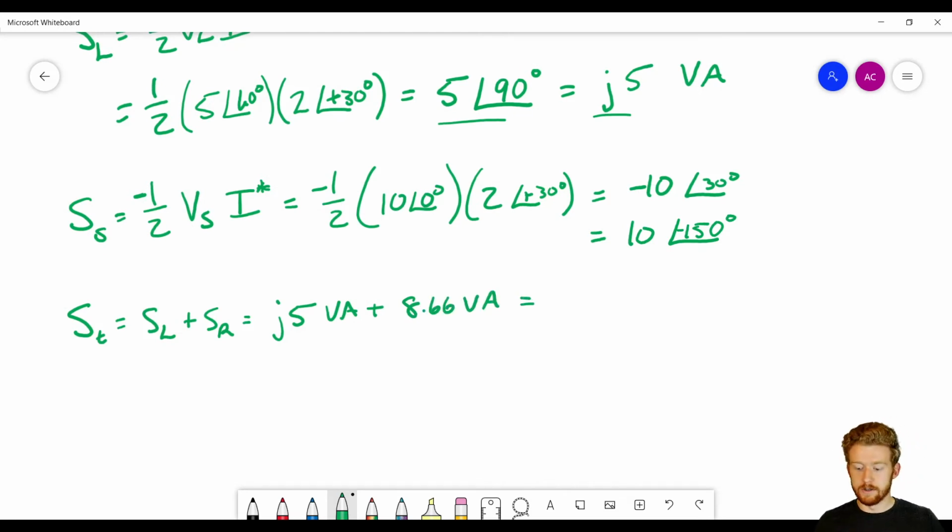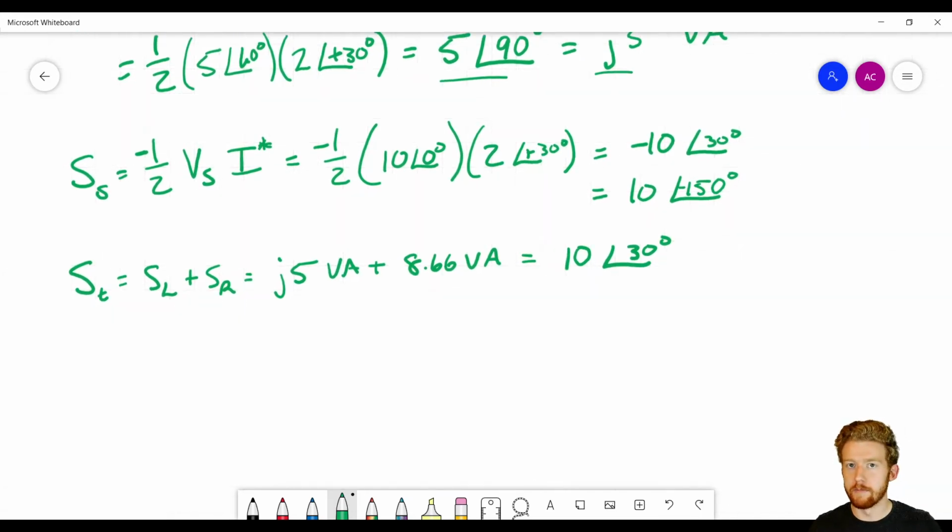And what is this going to give us? Well, let me plug this into my calculator. So 8.66 plus J5. That's going to give us 10 with an angle of, not minus 30, 10 with just an angle of 30 degrees. So the total amount of power being consumed is 10 with an angle of 30 degrees.